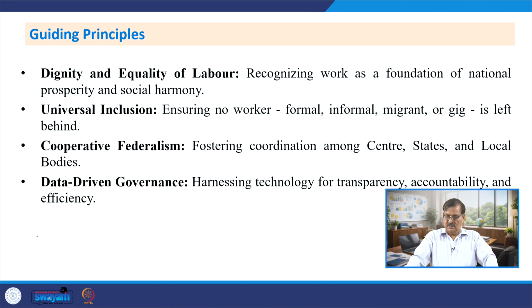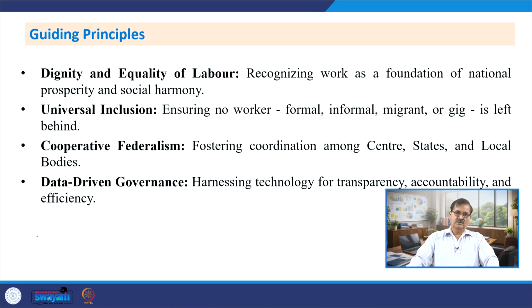Cooperative federalism, as I told you, labor is a subject which comes under the concurrent list. So states also make rules, regulations, and policies for the welfare of workers, and the center also makes policy. In fact, there is also an important role that can be played by local bodies like municipalities and panchayati raj institutions. So this policy envisages promoting cooperative federalism among the different states, local bodies, and the center.